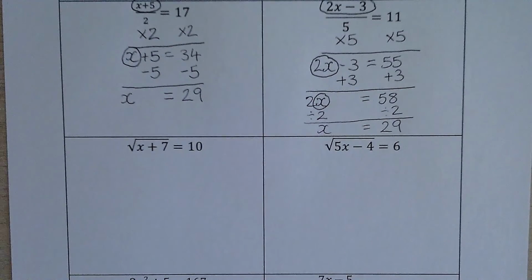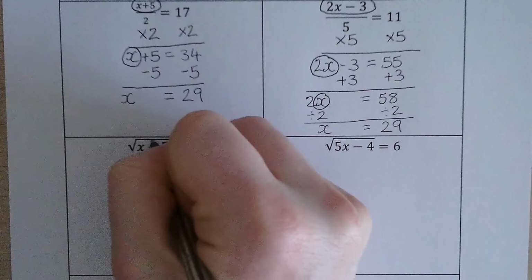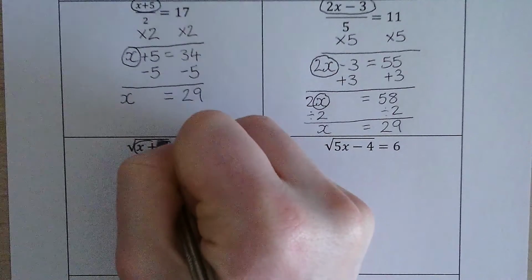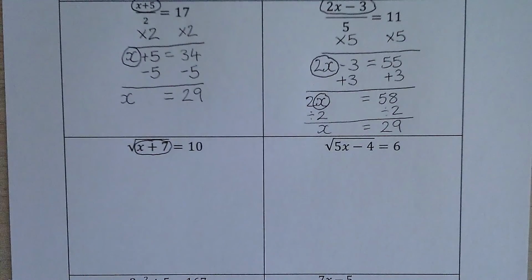So it's really important that I understand which order I need to undo these operations in. We want to isolate x, which means we actually want to isolate x + 7 away from the square root. This means we need to do the opposite operation of square rooting.